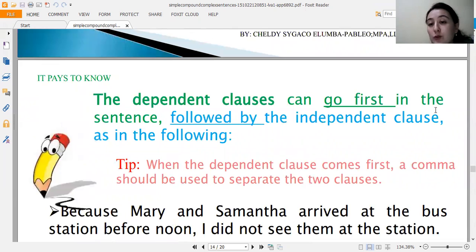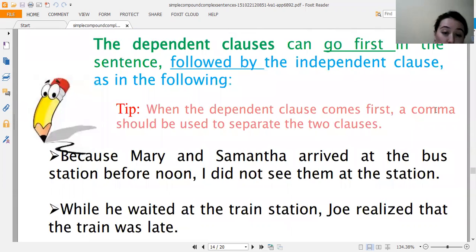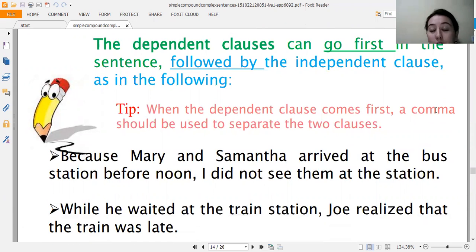The dependent clause can go first in the sentence. When the dependent clause comes first, a comma should be used to separate the two clauses. Because Mary and Samantha arrived at the bus station before noon, I did not see them at the station. Because the word because is at the beginning of the sentence, we have to put a comma after the first clause.